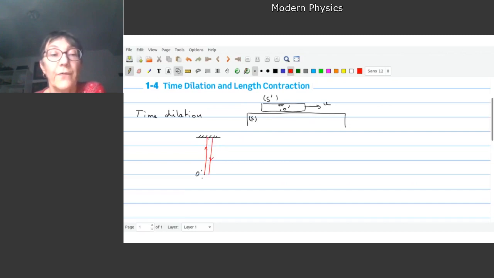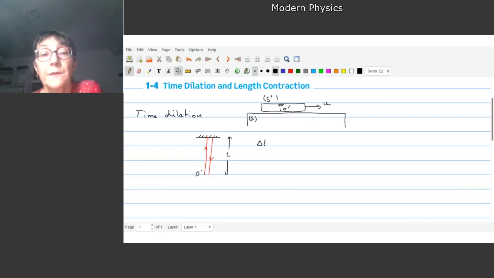This observer will measure the time it took for the light to travel this distance. We will call this distance L, for example. L is the distance between where the light was emitted and the mirror.